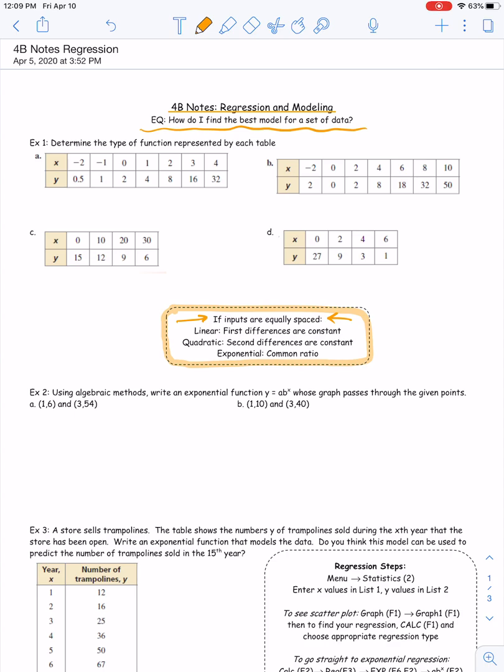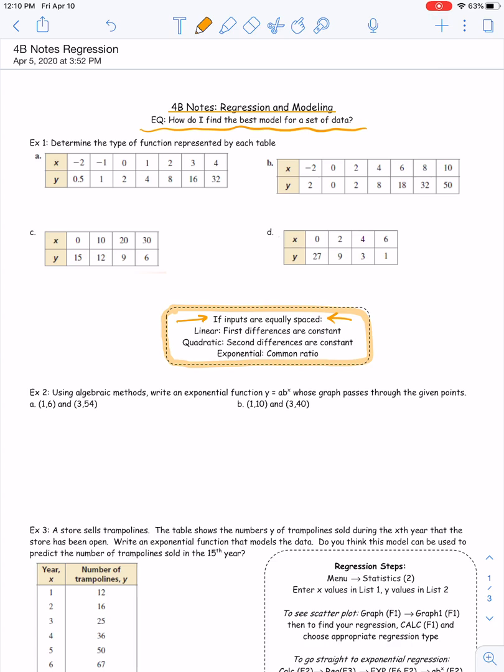That's good news for us, because we can now just look at those y values and determine what the change looks like. Is it by a certain value, which would make it linear? Is it by a certain ratio, which would make it exponential? If it's neither of those, then I would check that second set of differences to see if it's quadratic or not. And remember, you always have the possibility that it could be none of the above.